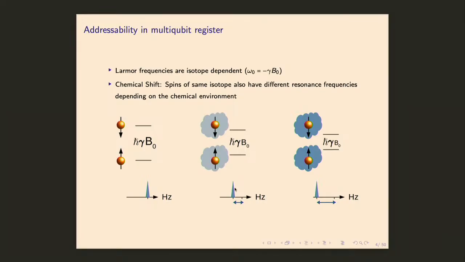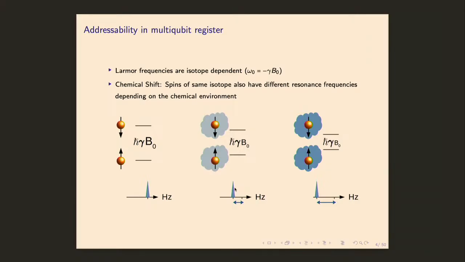Now atomic nuclei, as the previous speaker mentioned, proton has a very precise gamma, and so it gives a very precise Larmor frequency at some particular field. Okay, so Larmor frequency is proportional to the field. If you fix the field, it gives you a particular Larmor frequency. So omega equals gamma times B.